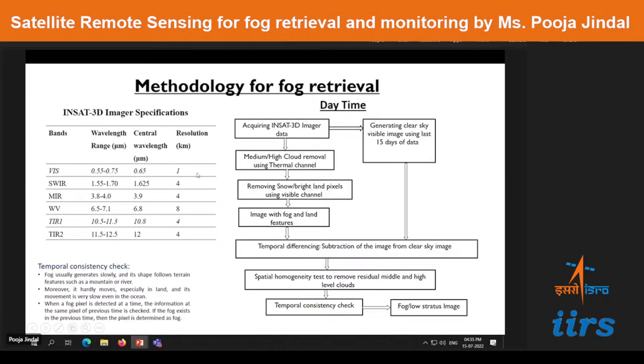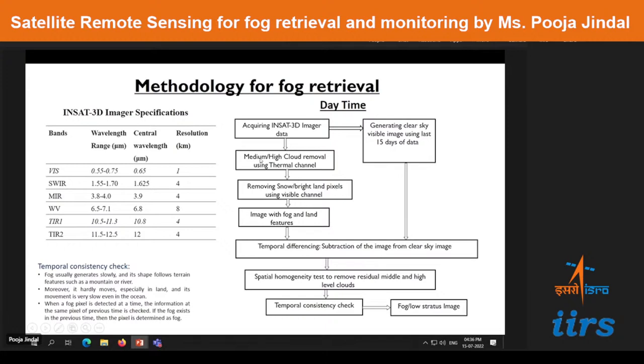So we will use the visible channel and remove the pixels with very high reflectance values. We again have to determine a threshold for this purpose. People have done experiments and developed a threshold of 35%. All the pixels with a reflectance value of more than 35% shall be removed, that is, all the pixels corresponding to snow and bright land.